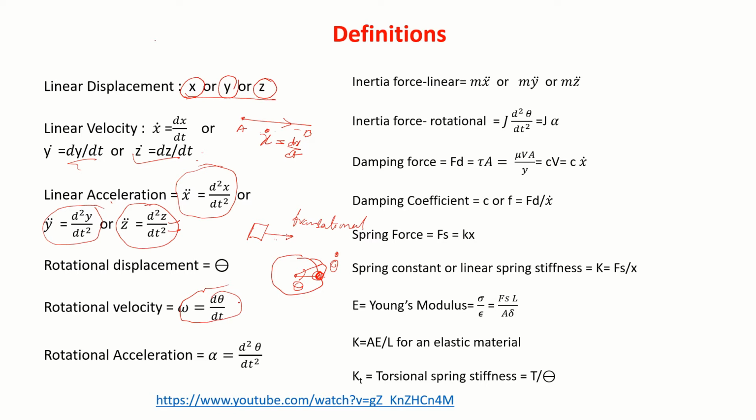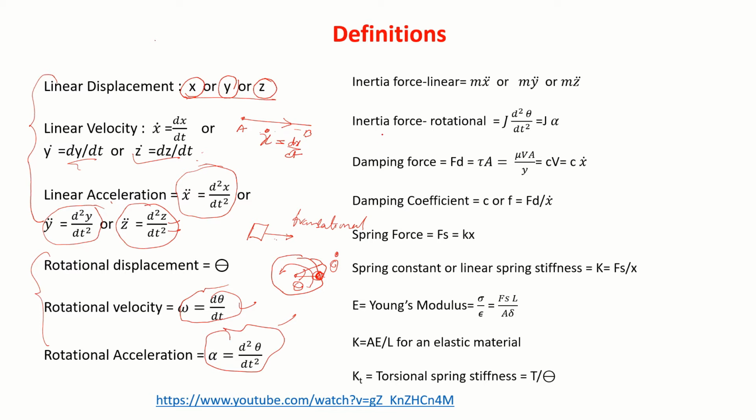I'll also represent it by omega. That angular acceleration I represent by alpha, d square theta by dt square. These are applicable for rotational systems, and these are applicable for linear systems.